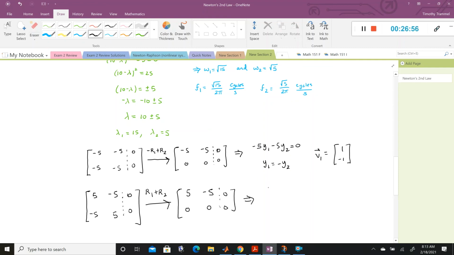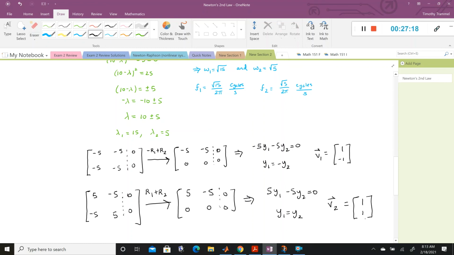This tells us that 5y1 minus 5y2 is equal to 0, or in other words, y1 is equal to y2. So our second eigenvector would be 1, 1.